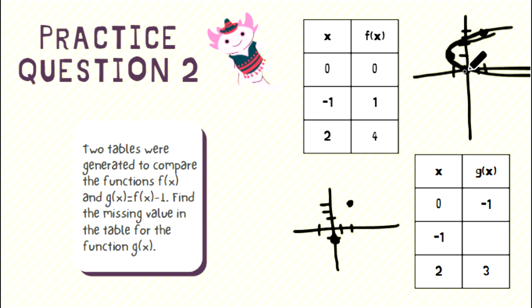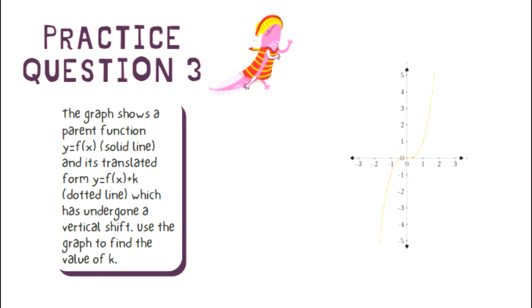So this one moved down 1. We don't know about this one. And this one went from (2, 4) to (2, 3). So it moved down 1. So this one's going to move down 1. So it's just 1 down to 0. Okay. You may not have needed to do all of this, but I'm a very visual person. You could have probably done it with just math, but that's how I figured it.